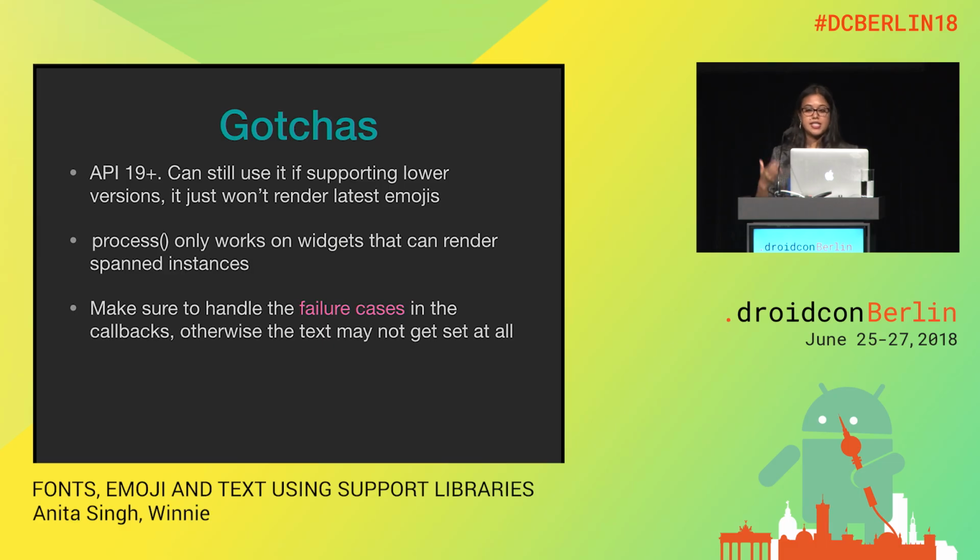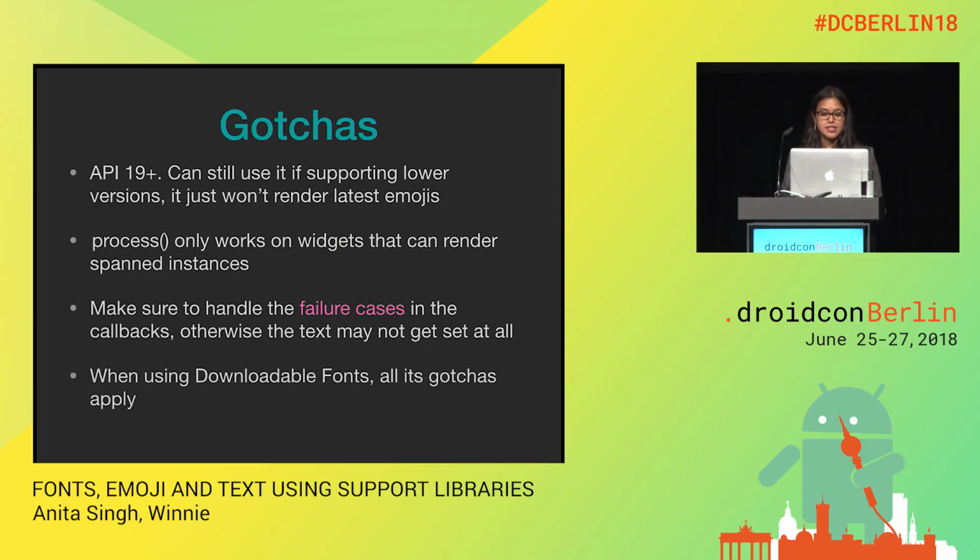So it's easy to set the text on initialized, and not do anything on failed, but that way the user won't see text at all. Seeing tofus is better than not seeing text, so make sure to handle the failure cases wherever you're using emoji compat in the code. And if you're using it in conjunction with downloadable fonts, all of the gotchas apply, like being dependent on Google Play services.